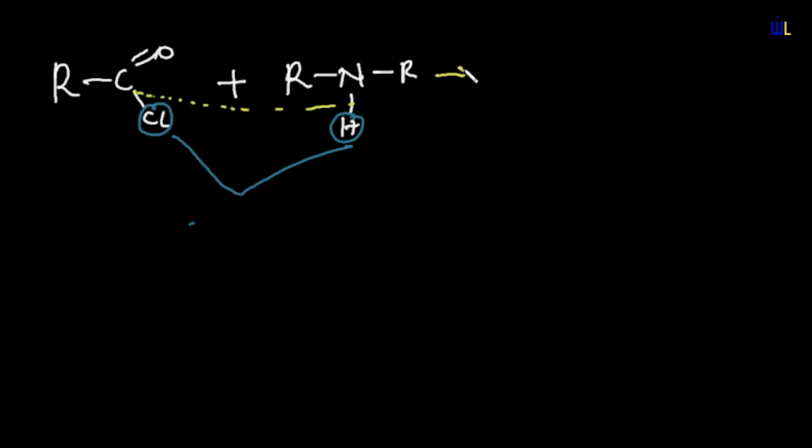So our product will now be R attached to C. Just maintain everything that has been there, and instead of having a bond with chlorine, it changes the bond to nitrogen. Remember, this nitrogen initially had two alkyl groups.